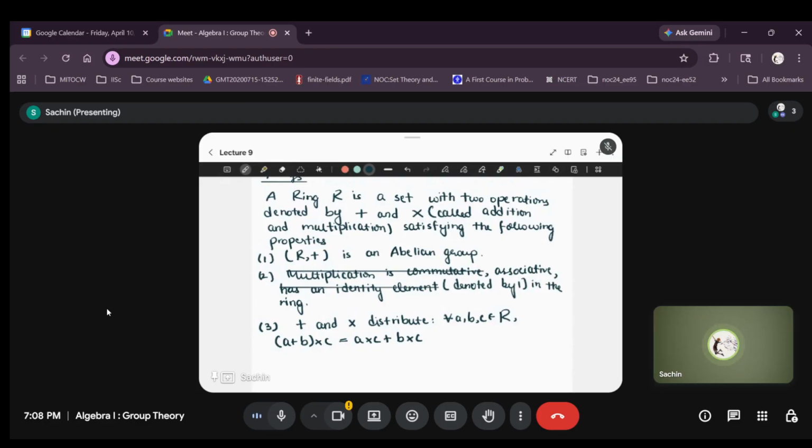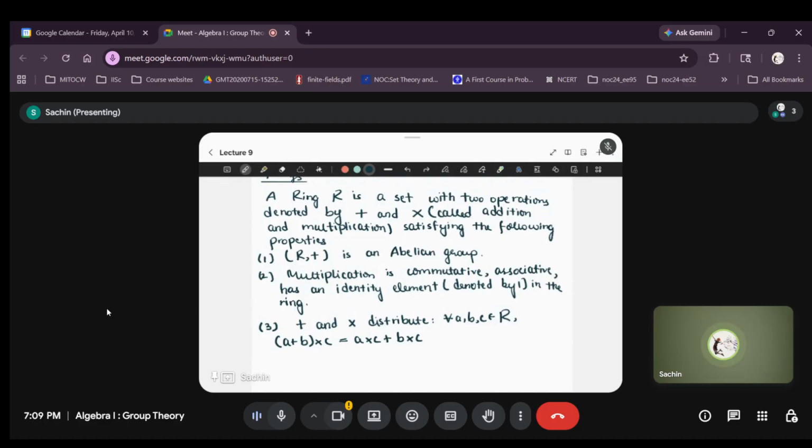All the other properties are required for any type of ring that you define. This is the most basic definition for a ring. And if you include the commutative property, it is called a commutative ring. And if you include the property that it has an identity element, then it is a commutative ring with identity.